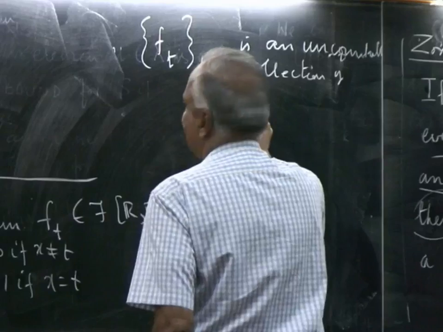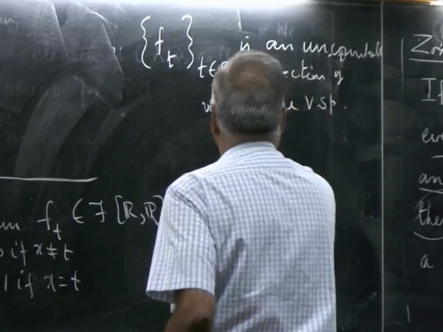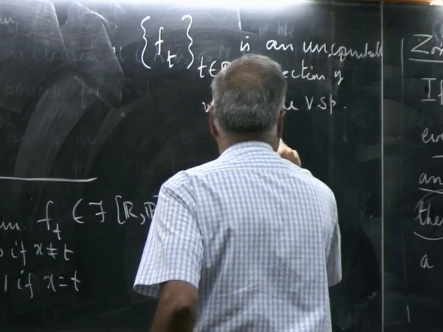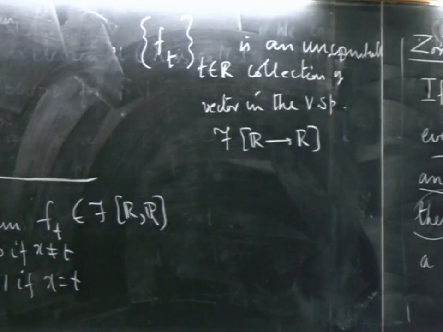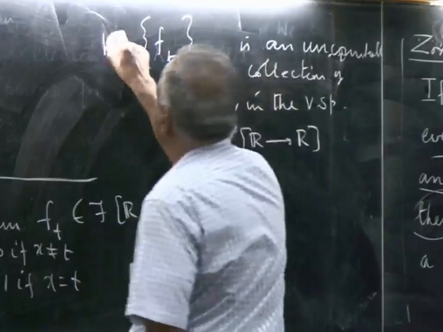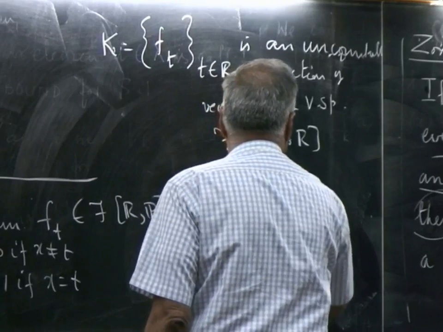They are all vectors in the vector space F(R, R). Any element of a vector space is called a vector. Now, is this collection, call it K, a linearly independent set?